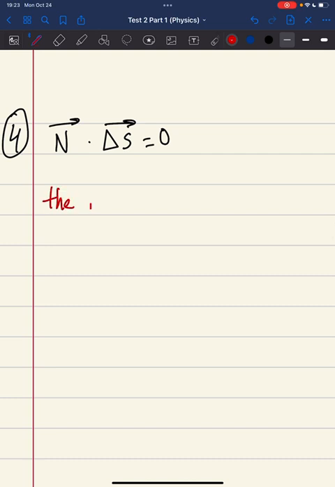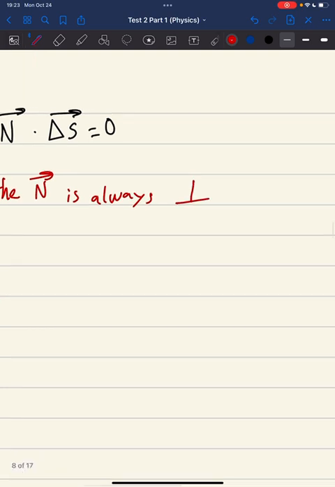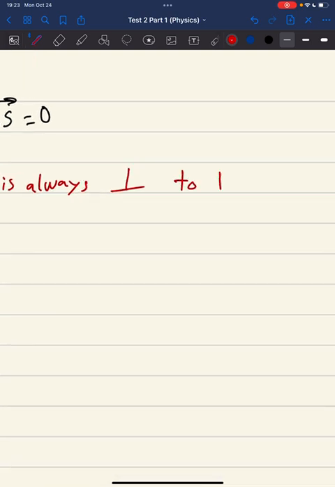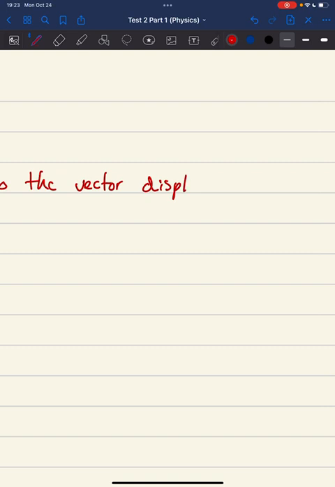The force N is always perpendicular to the vector displacement, and this is true for all objects in that scenario.